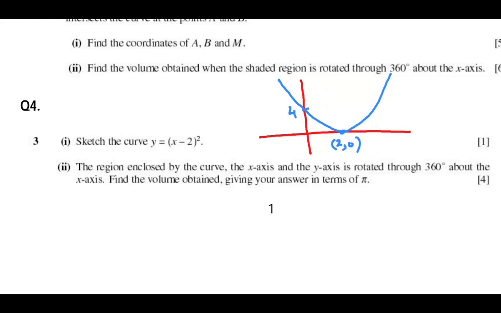So actually we are doing this question for second part. Second part is the region enclosed by the curve, the x-axis and the y-axis is rotated 360 degrees about x-axis. Find the volume obtained giving your answer in terms of pi.